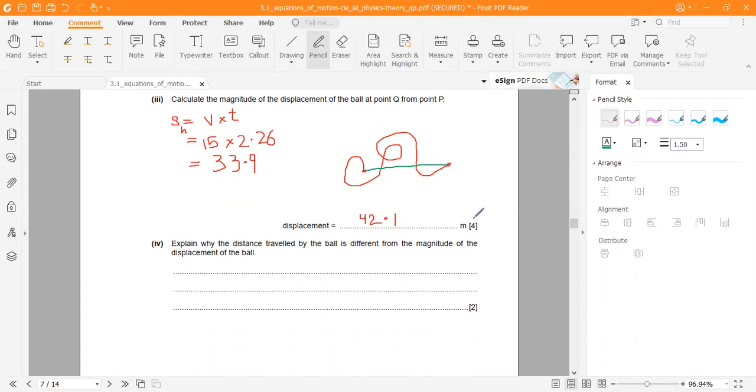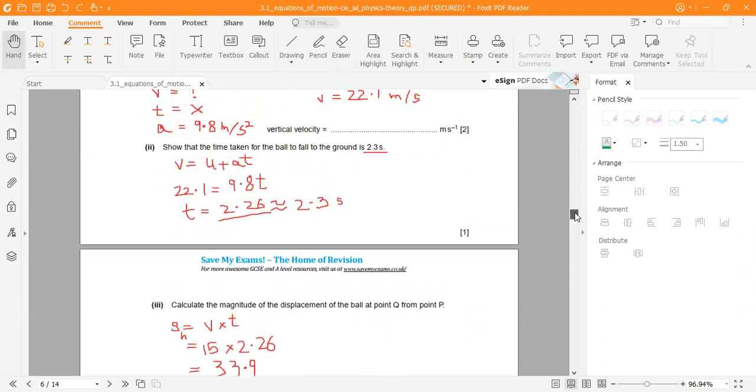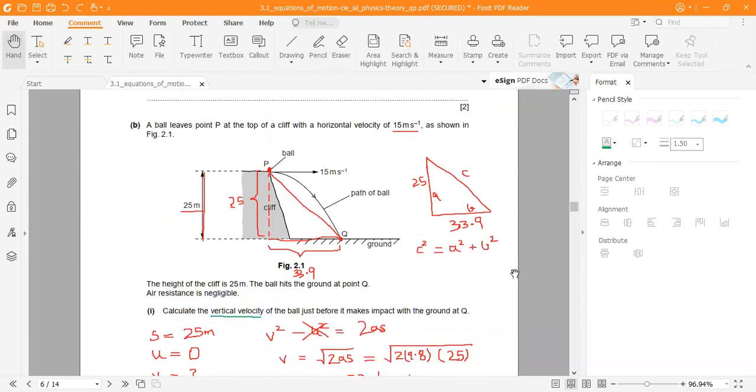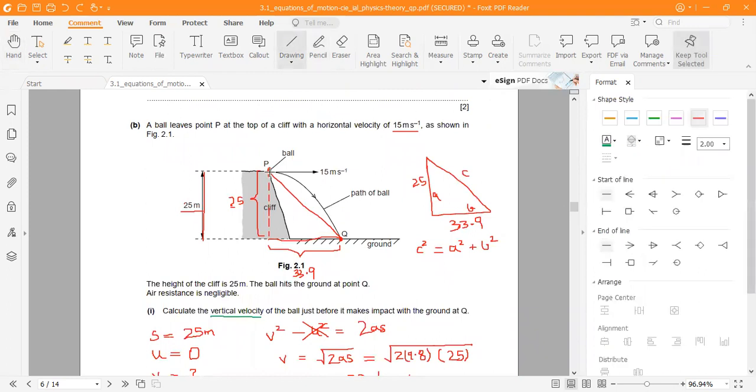Similarly, if you look at this diagram, the displacement is this horizontal green line.